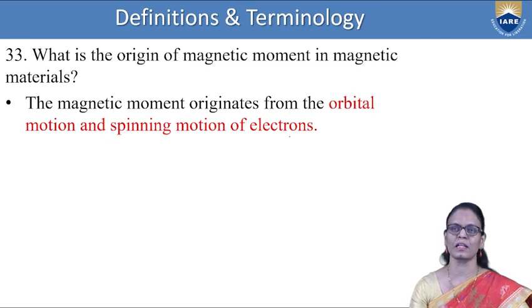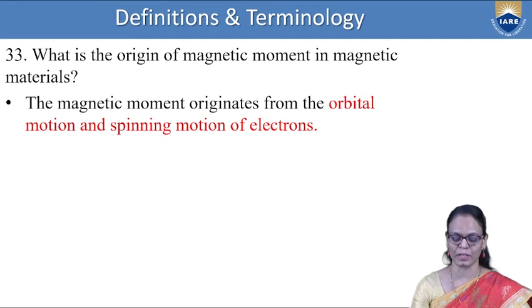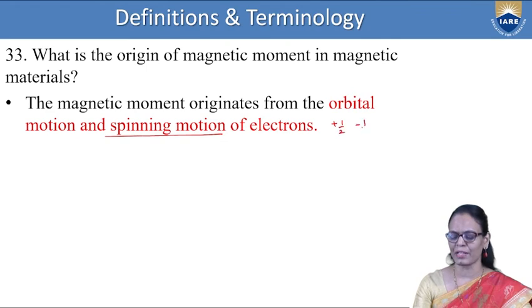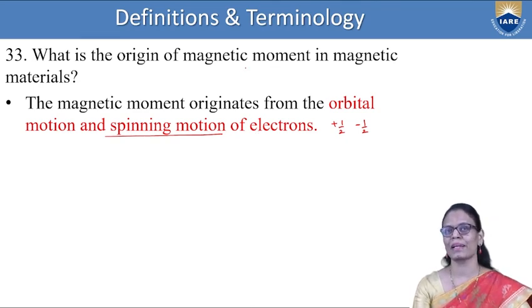In an atom, the electrons orbit in fixed orbitals, and the spin of the electrons also matters. The electrons have spin plus half and minus half, the spin and the antispin. So the spinning motion of the electrons also gives rise to the magnetic moment.